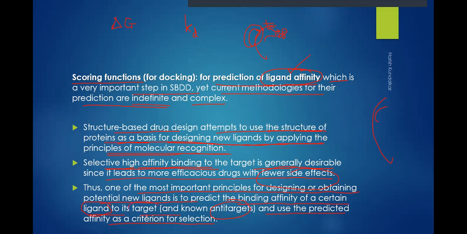The target is the receptor to which the ligand has to go and bind. We can check the affinity of the ligand for anti-targets, in those different proteins, enzymes or receptors wherein the ligand should not bind. With this kind of prediction, we can predict molecules which are more specific for the action that we are expecting out of those molecules.